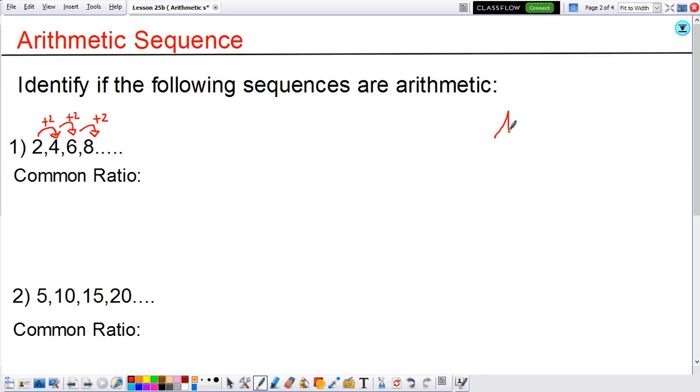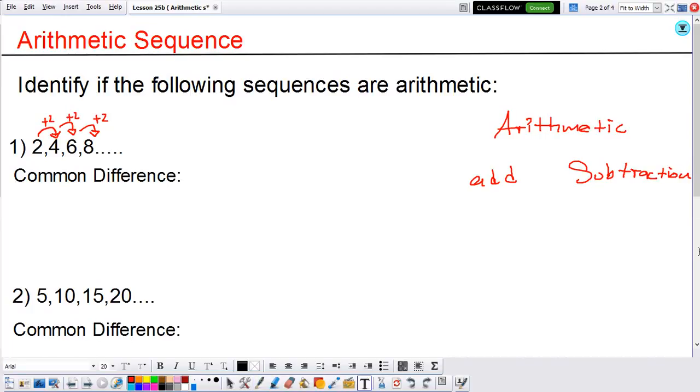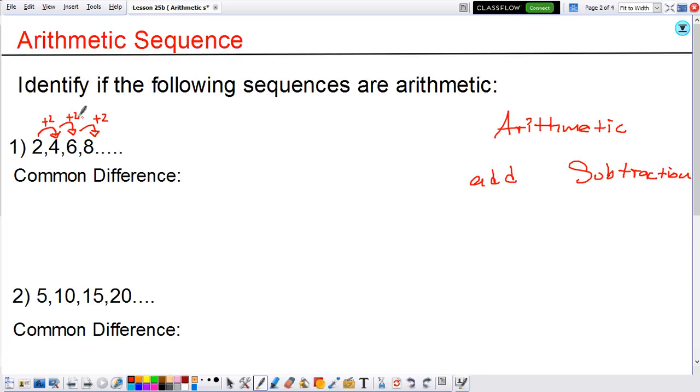So here, remember that if we're going to talk about arithmetic, the pattern needs to be either of addition or subtraction. So notice that here, there was a pattern, and this pattern was of addition.